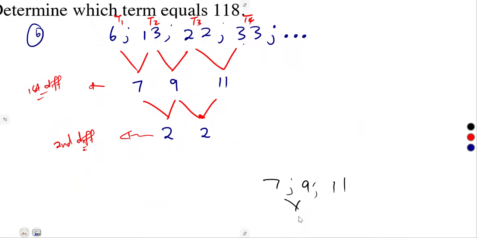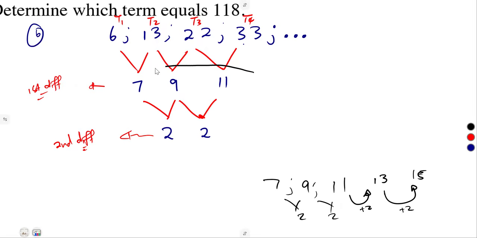You see that there's a difference of 2, a difference of 2. You simply add 2 to get 13, and then add 2 again to get 15. It is that same condition.